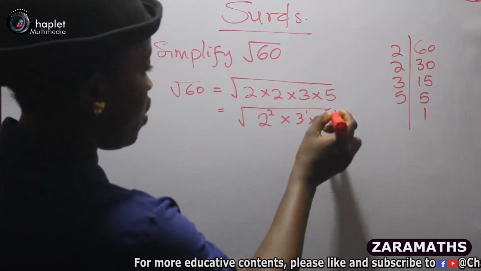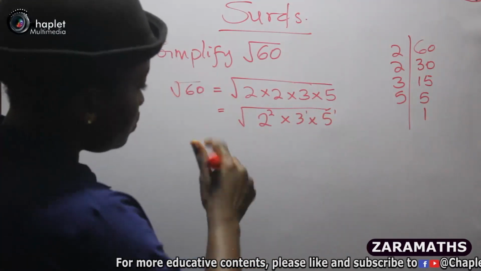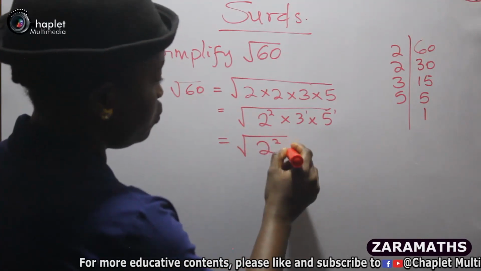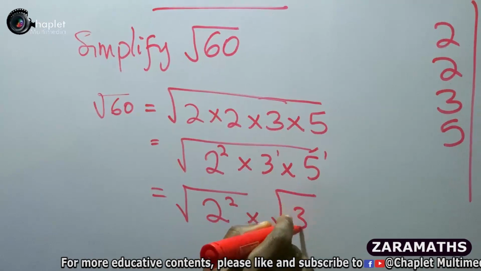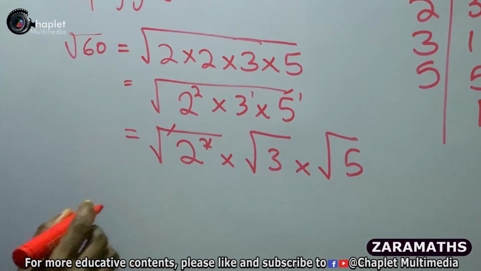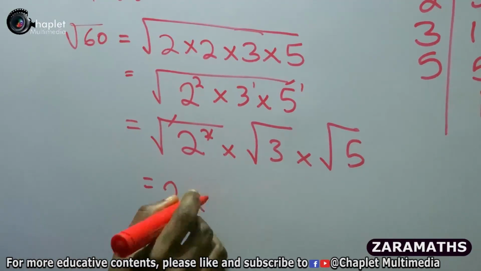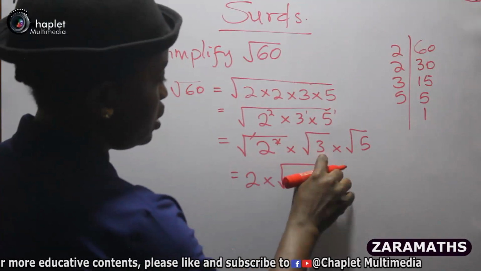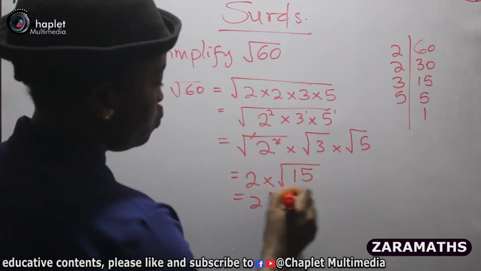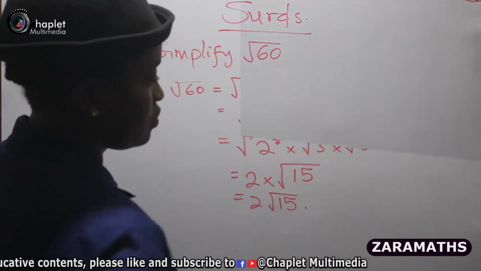So they are raised to power 1. Now this will be written as the square root of 2 squared, times square root of 3, times square root of 5. Here the square root will cancel the square. We are left with 2 times root of 3 times 5, which is 15, to give us 2 root 15.